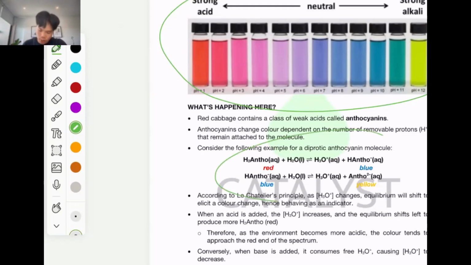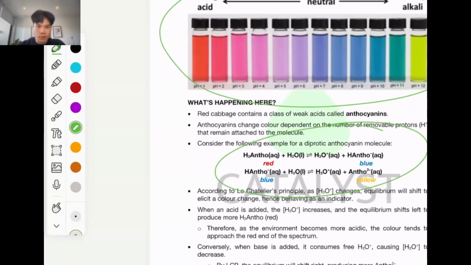It's because anthocyanin, the indicator you see from cabbage, is a diprotic weak acid, which means there are 2 transition ranges going from red to blue and then blue to yellow. And depending on just how acidic, it will show more of the yellow or more of the red or somewhere in the middle. So understand that's just why we have a few extra colors here.